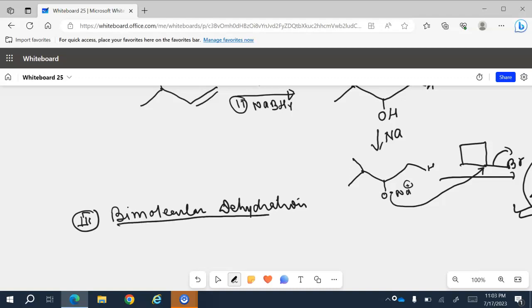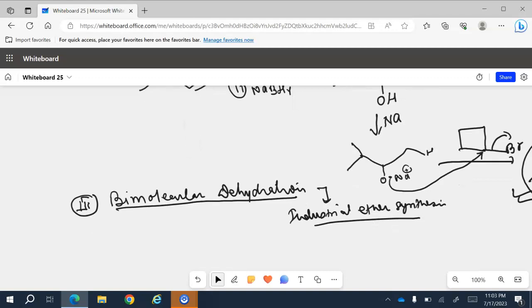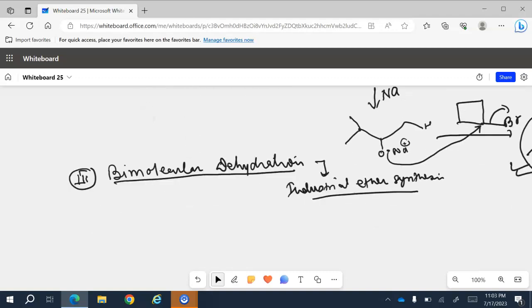This is what we consider the industrial method of ether synthesis. Since we need ether on a large scale for industrial purposes, we can use this method.